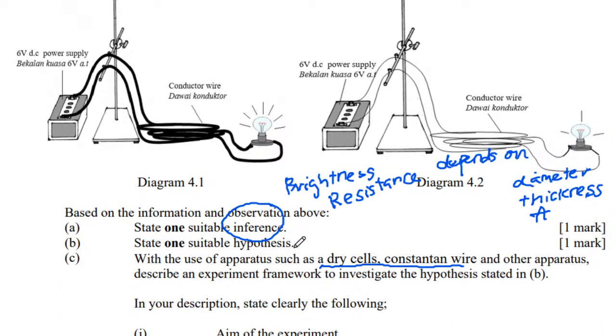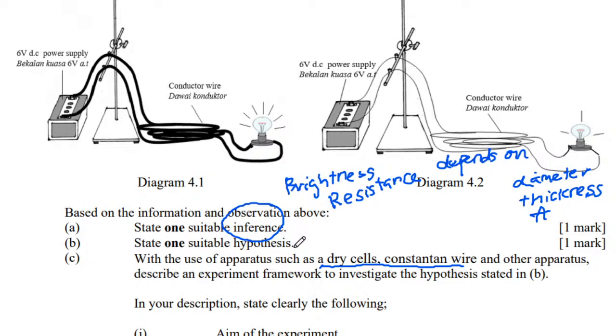Okay, now hypothesis. What is the keyword? So inference, we just write the not clear relationship between two variables. We know that this affects this, okay? But we don't know what is the clear relationship. For the hypothesis, you need to write clear direction, like it's either increase or decrease.